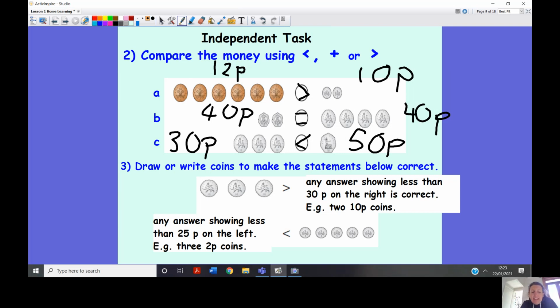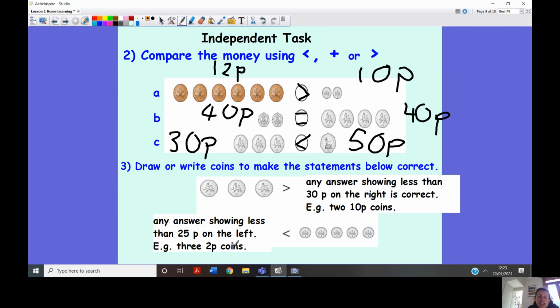Now, question 3, draw or write coins to make the statements below correct. Any answer showing less than 30p is correct. So you could draw or write 2 10p's, 1 5p, 1 penny, anything as long as the total on this side is less than 30p, because we want to say 30p is greater than this side.